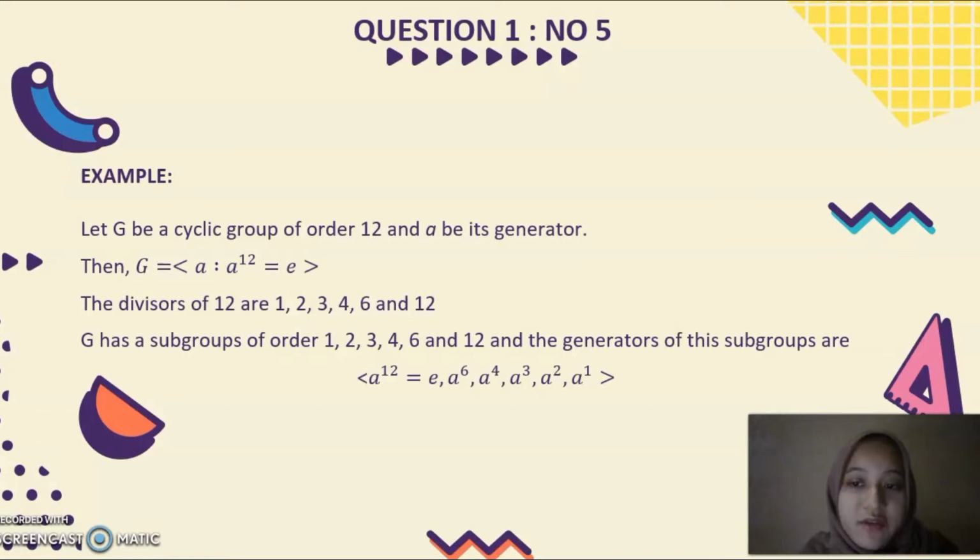The generators of these subgroups are: for order 1, we have the identity. For order 2, we have the generator a^6. For order 3, we have a^4. And we have the generator a^3 for order 4, a^2 for order 6, and a^1 for order 12.